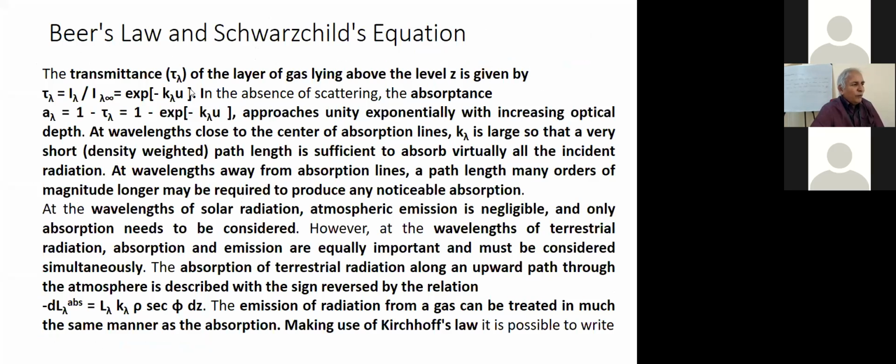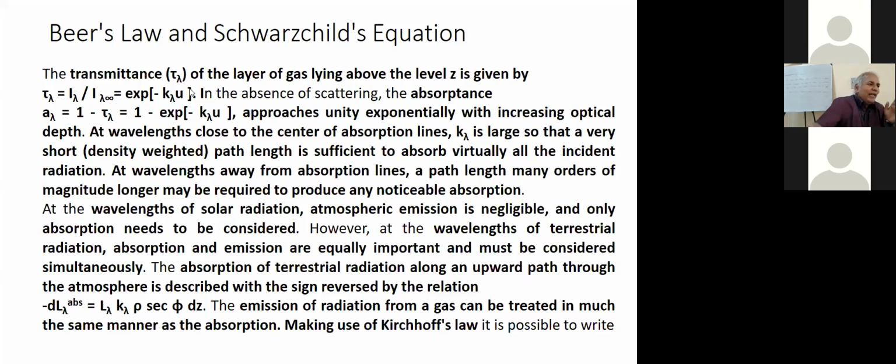So if you have seen, I have incident radiation I lambda infinity, and it suffers depletion of energy due to absorption. Whatever amount by which it is depleted is nothing but your dI lambda, which was shown in the previous slide.